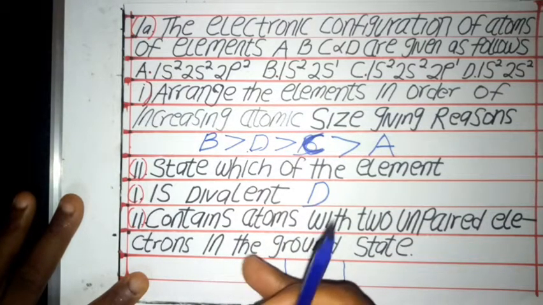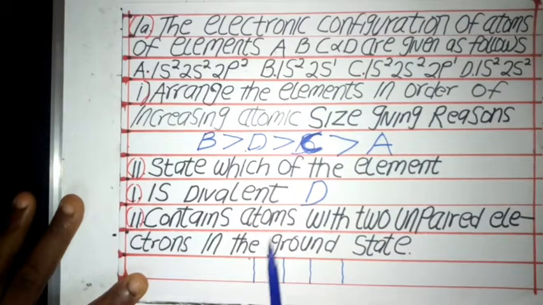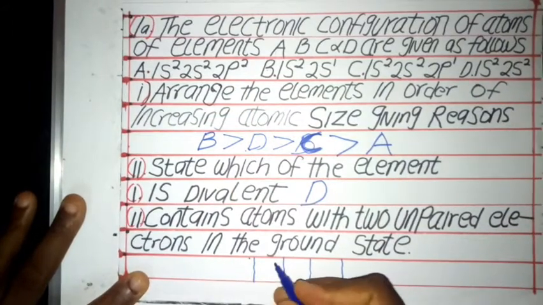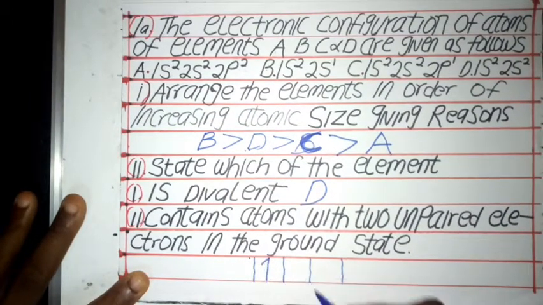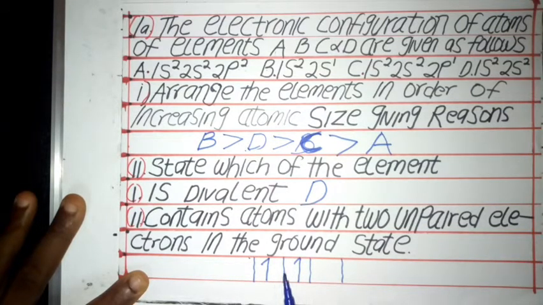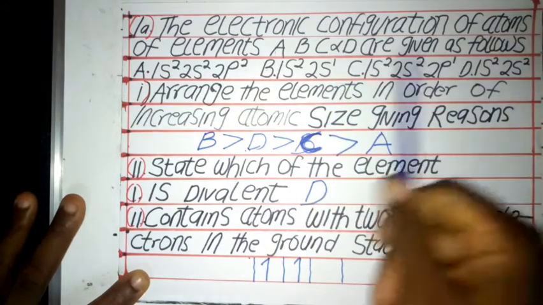Remember, p orbital has 3 shells, and here 2. So if I put one here, I put the second here. So notice that there are 2 unpaired. Coming here, S, just one shell, there's only 1.